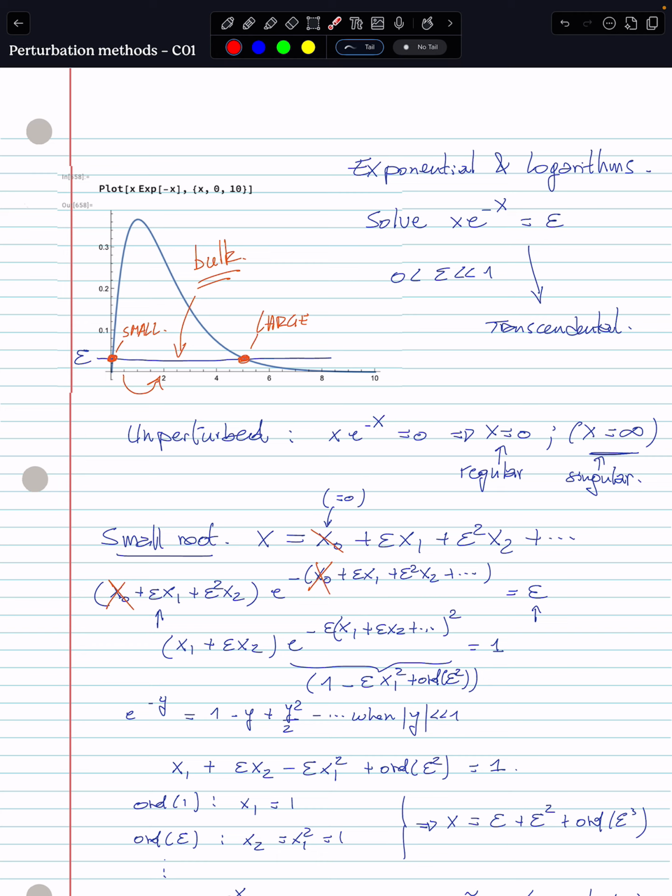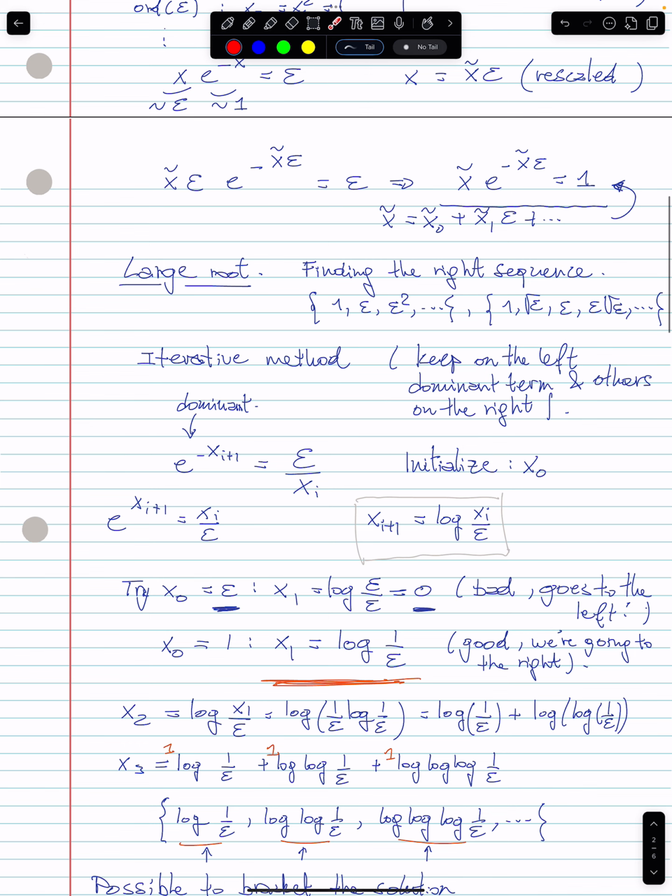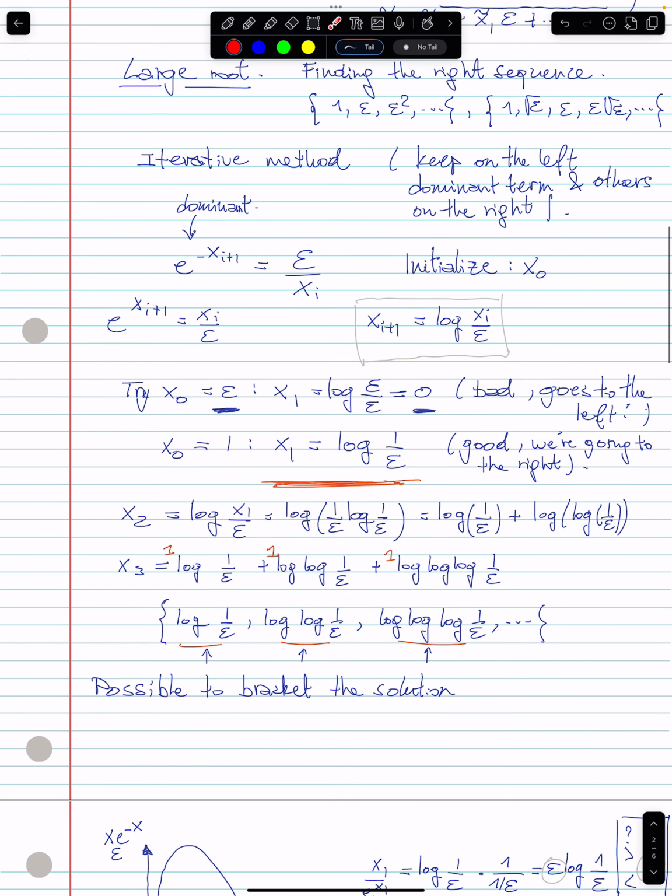And to know where to start in the bulk, well, just start with something small and then increase the order of magnitude. If this was not successful, just keep going to the right as soon as you observe that x1 is in fact much larger than x2 if you're expecting roots going to infinity.